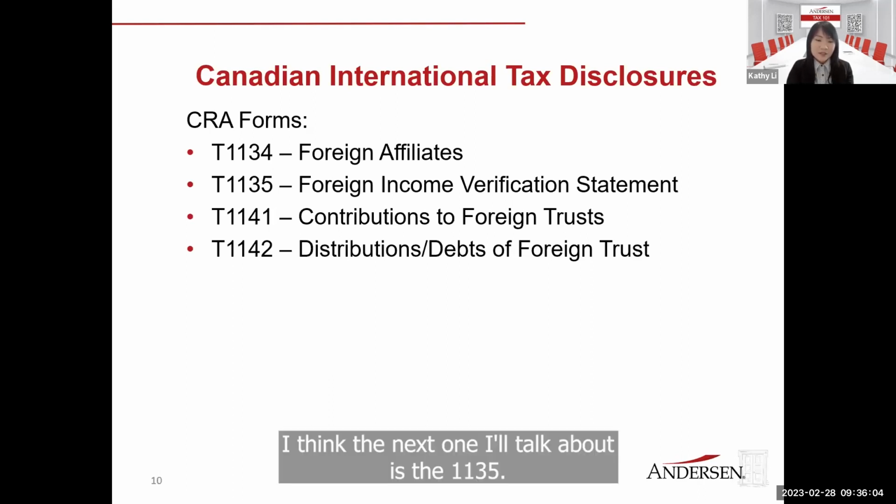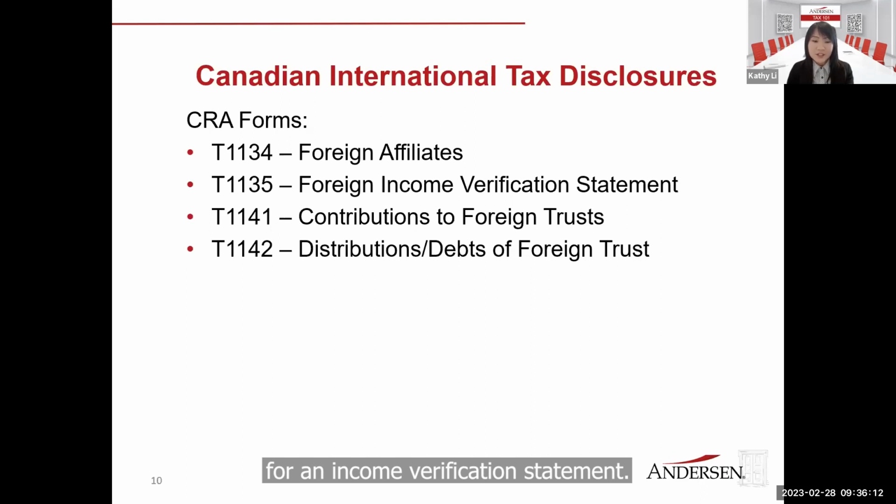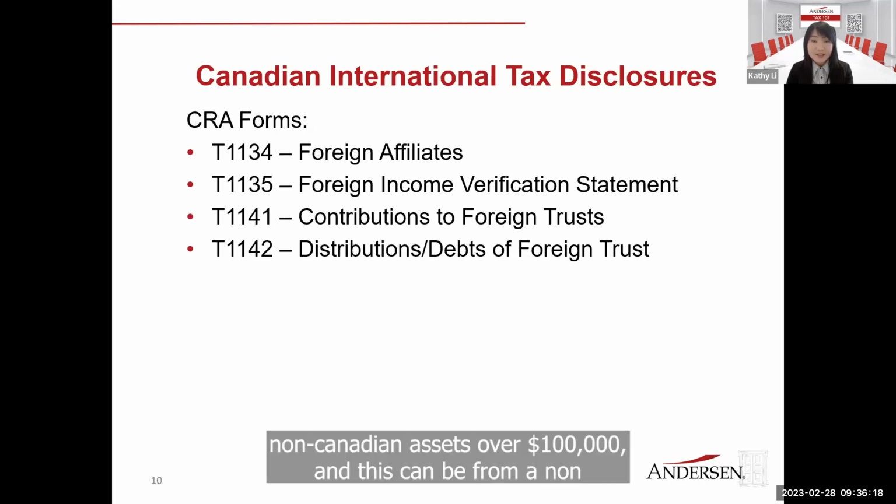Okay. The next one I'll talk about is the T1135. This one we see more commonly with our clients here, the foreign income verification statement. This is when a taxpayer is holding non-Canadian assets over $100,000.